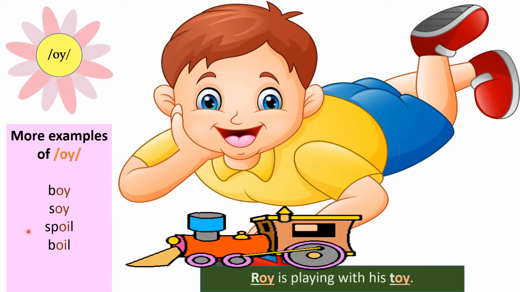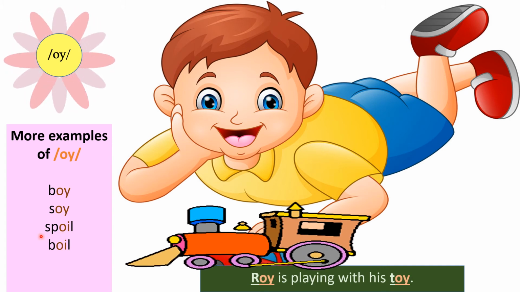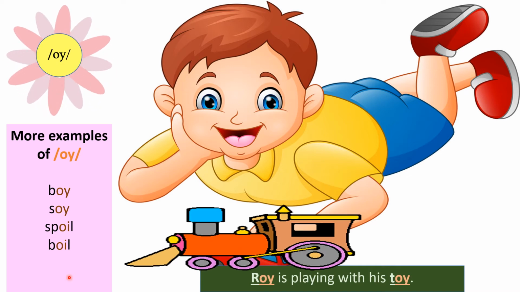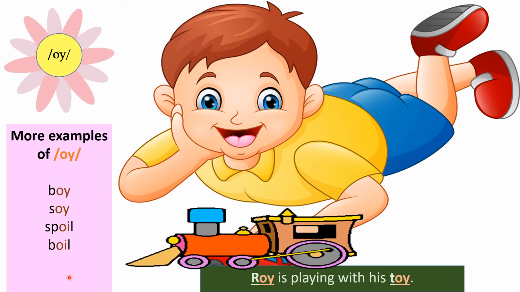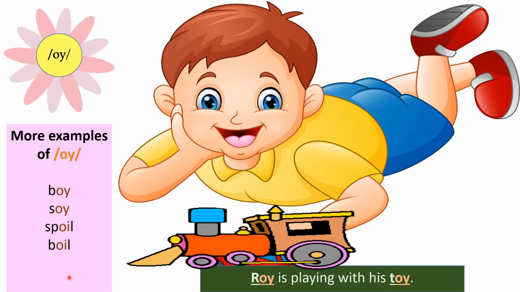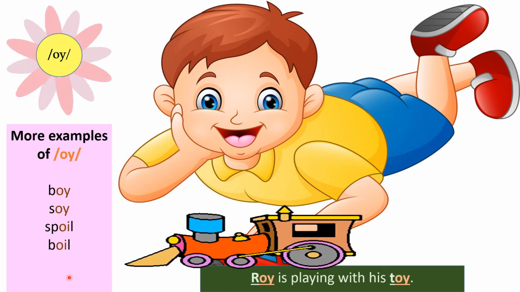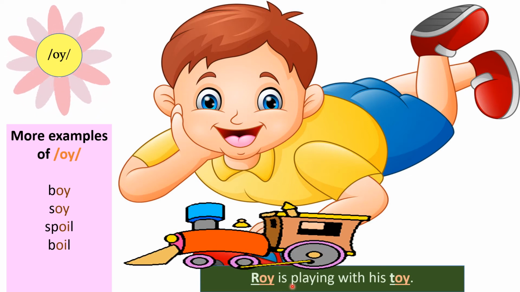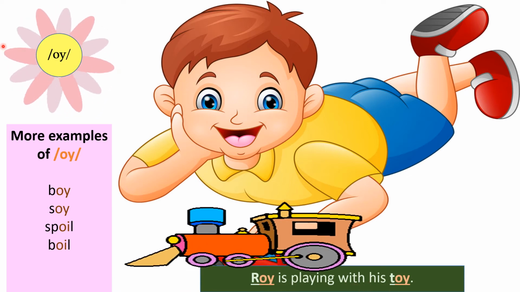And words with OI, as in spoil and boil. Take note that the OI sound can be spelled like OY and OI. Now we have here an example of a sentence with OI sound. Roy is playing with his toy.